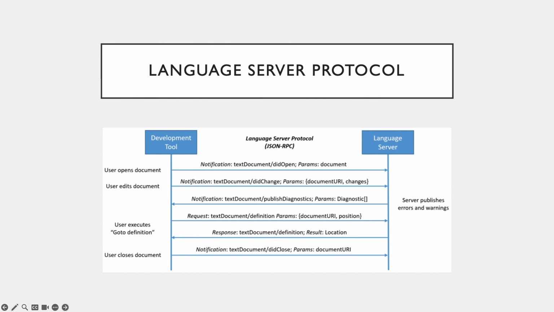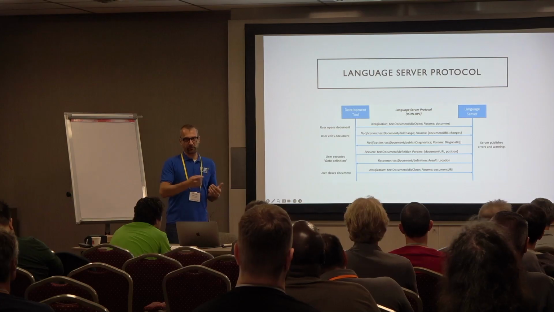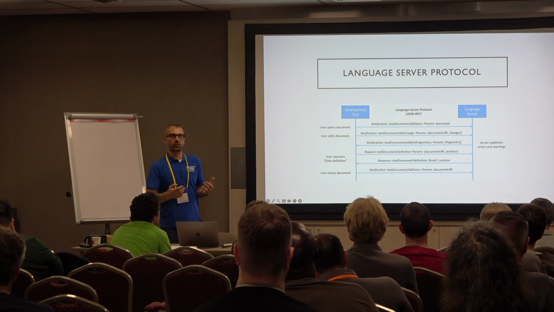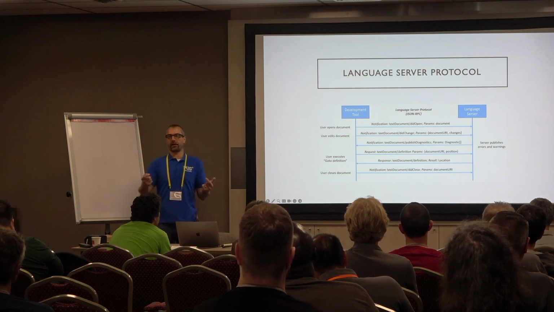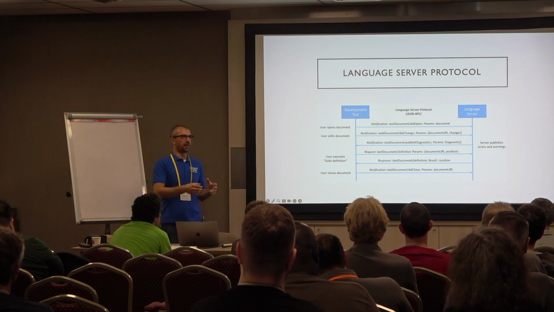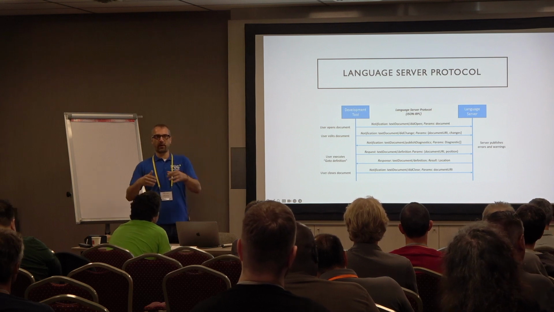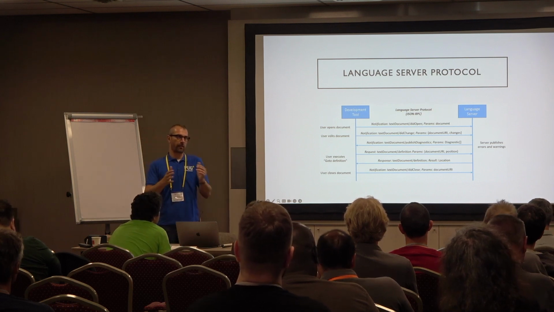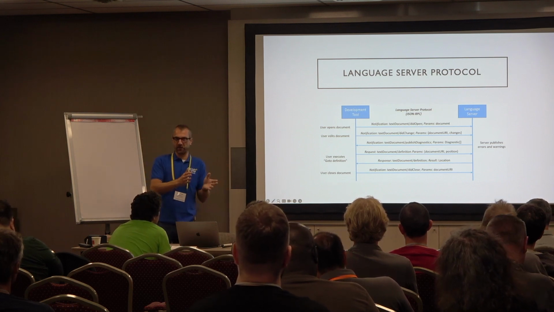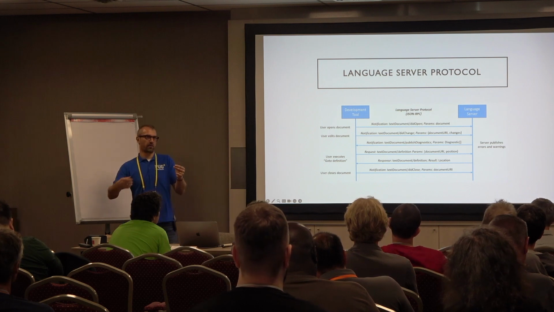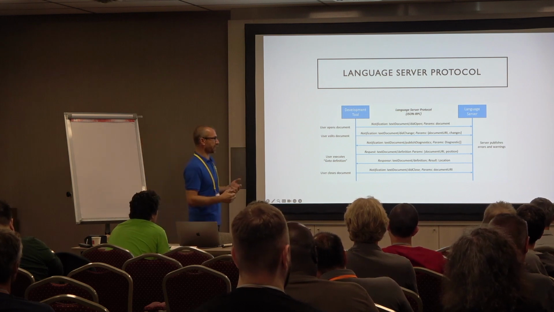Then the user will start modifying the document, defining a variable, and that will send a notification every time you type something, pushed to the language server so that it is able to recompute the syntax tree and the outline view, for example. You add a new procedure, it has to directly be present in the outline view of the IDE. So you just do things on the fly as soon as you receive a notification.